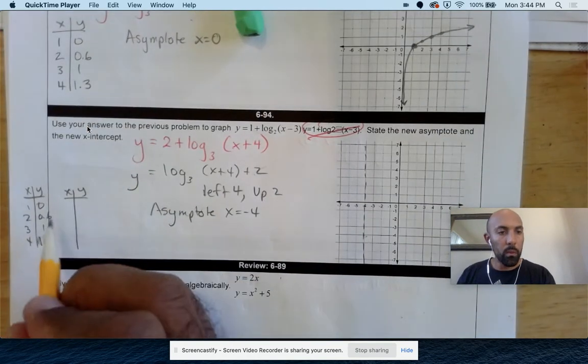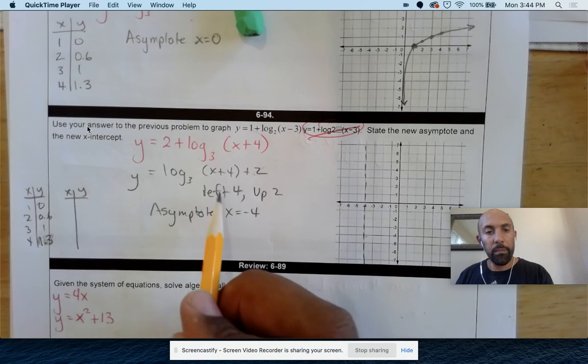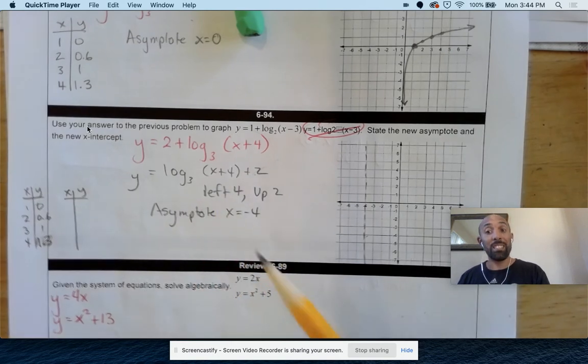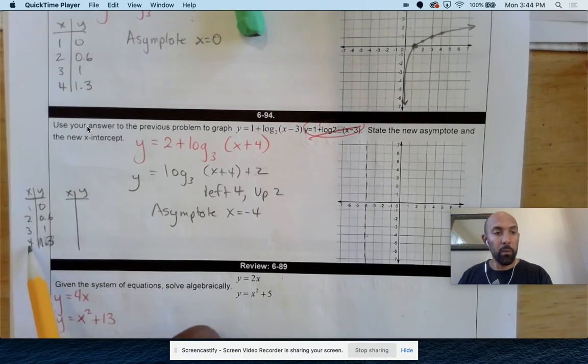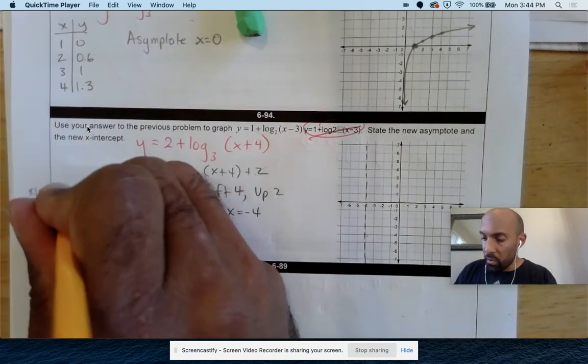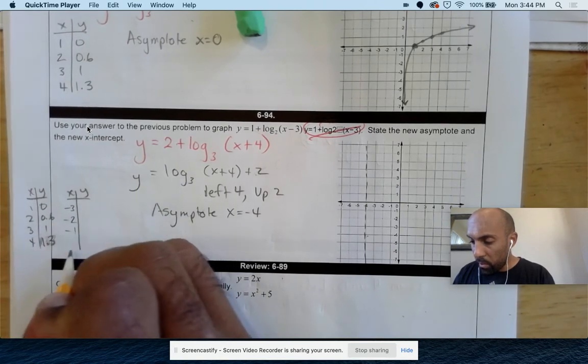Okay, so I'm going to move all the x values left 4. In other words, they're going to decrease by 4. So all these x values, I'm going to just take away 4 from them. So 1 minus 4 is -3, 2 minus 4 is -2, then -1 and 0.